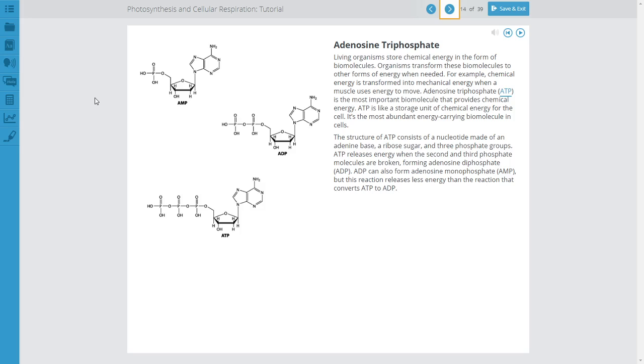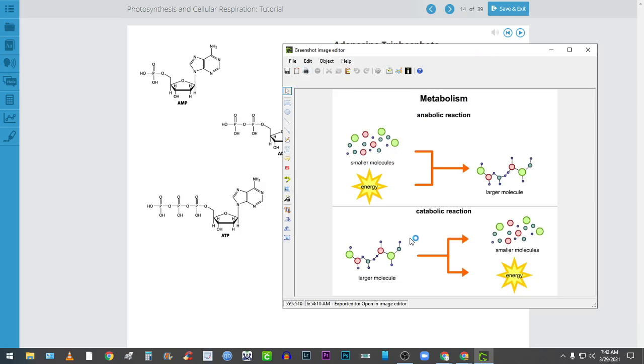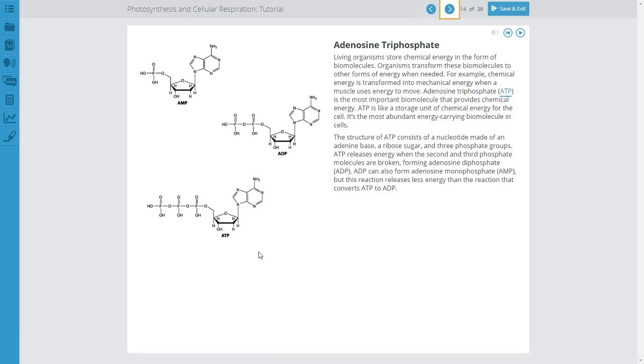They break that sugar molecule apart, that's a catabolic reaction. All things do it. Here's the sugar molecule. They break it apart, and they use an intermediate structure called ATP to use for actual energy.